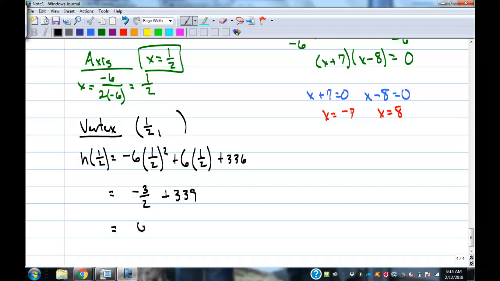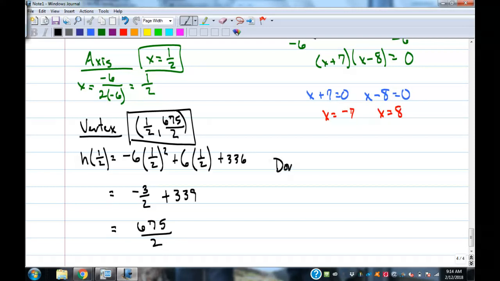Minus 3 would be 675. I'm adding 339 to negative 3 over 2, and I get 675 over 2. And you can use a calculator, right? You don't have to do it in your head. Just try not to go over there and punch buttons, because it can be done.